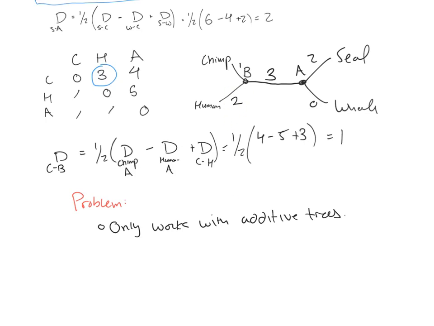So you'll see in a minute, I can make a different matrix, and if we try to do this algorithm with some matrices, we'll get trees that just don't make sense. Like they'll have negative edge lengths, for example, which doesn't make sense. So additive trees are trees that work with this algorithm. And if a tree is not additive, this algorithm does not work.